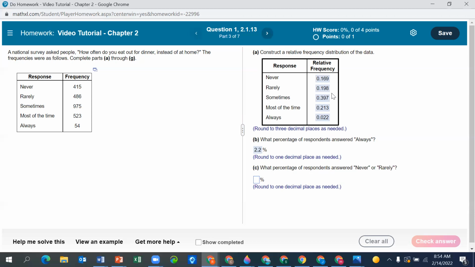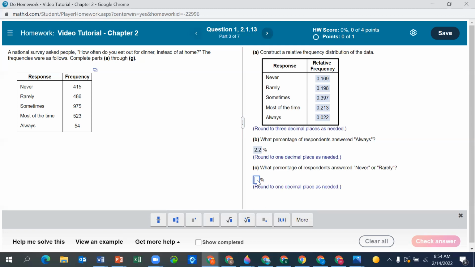So the sum of never and rarely is 0.169 and 0.198, and that gives me 0.367. The sum of these two is 0.367. That gives me in percentage form 36.7%.